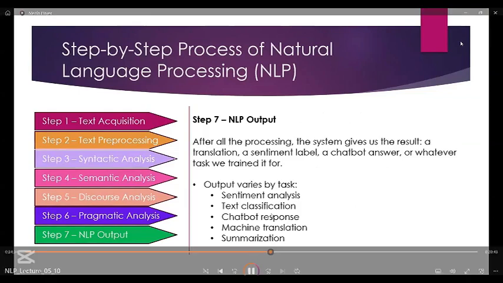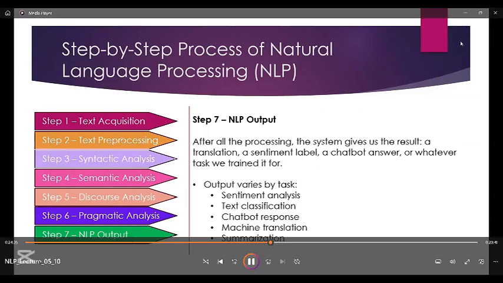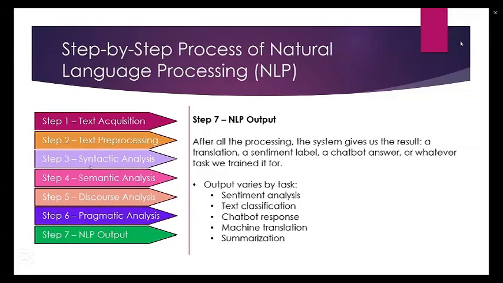Okay. So the last one is, once we are done with all these processes, the last step is giving the NLP output. Once we process everything, we can do various things with the output. We can use it for semantic analysis, text classification, a chatbot response, machine translation, or summarization.